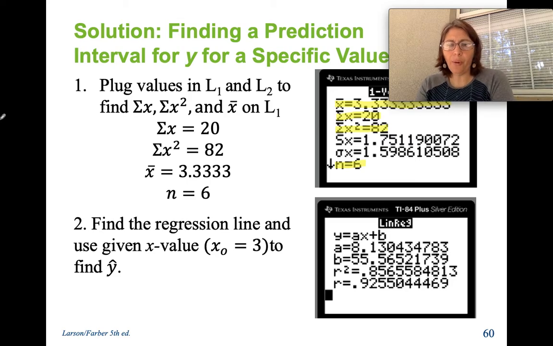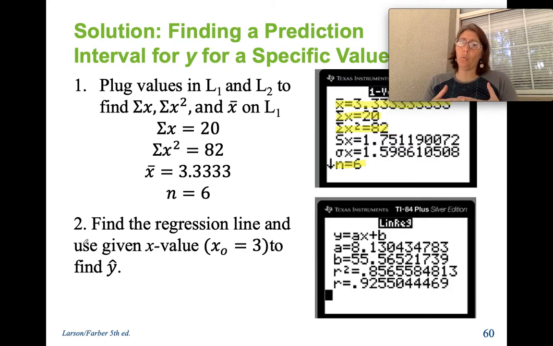Now we've already found the regression line from our last problem, the last time we did it. So you don't have to walk through this again, but you know that to find the regression, you're going to do linear regression on list 1 and list 2, and I would really like for you to store it in Y1. So you're going to find the regression line and use the given x value.